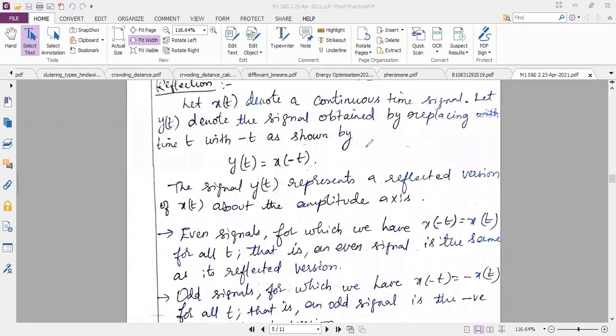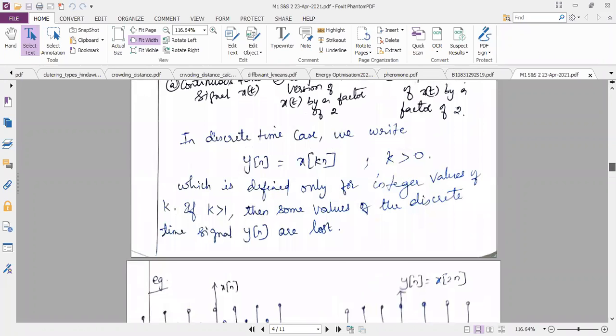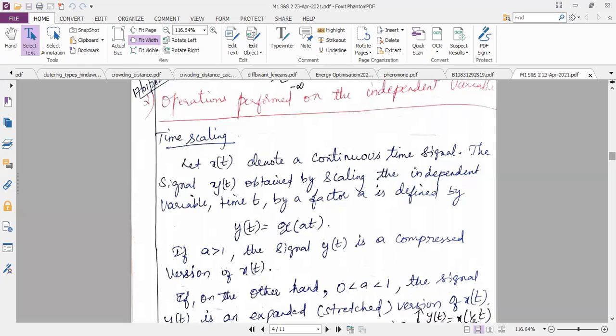So the first operation which we discussed in the last class, I'll just give you the recap, was time scaling. We discussed time scaling for both continuous time signal as well as for the discrete time signal.